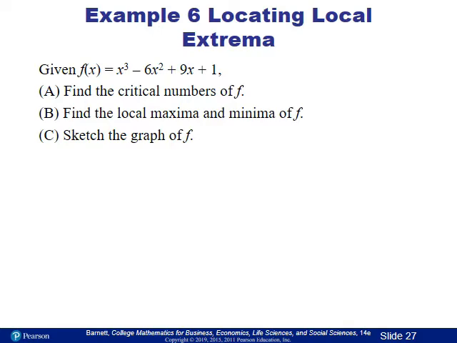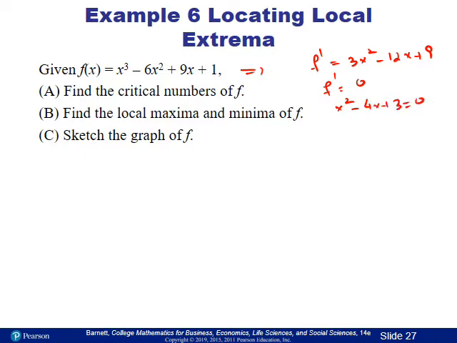So first of all, we take its derivative: 3x squared minus 12x plus 9. We put it equal to 0.